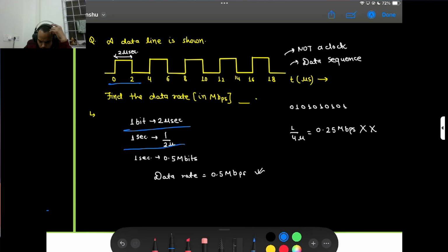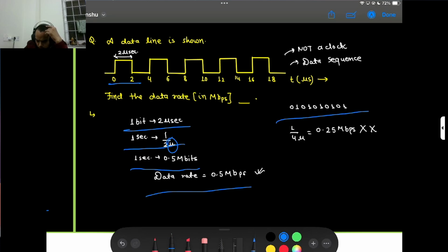One bit takes 2 microseconds. So in 1 second, we get 1 by 2 micro, which means 10 to the 6 by 2 bits. 10 to the power 6 is mega, so in 1 second 0.5 megabits, so the data rate is 0.5 mbps.